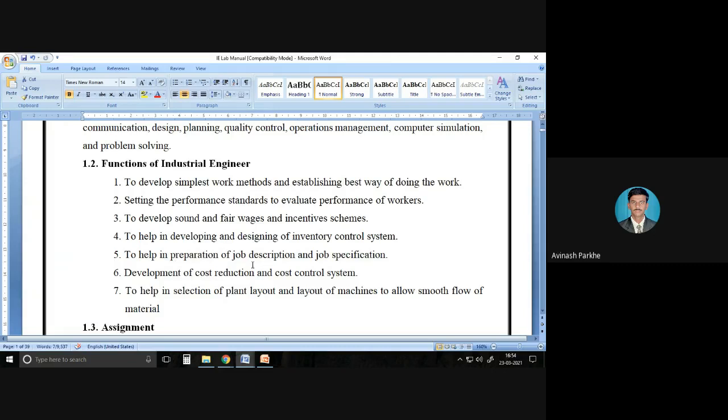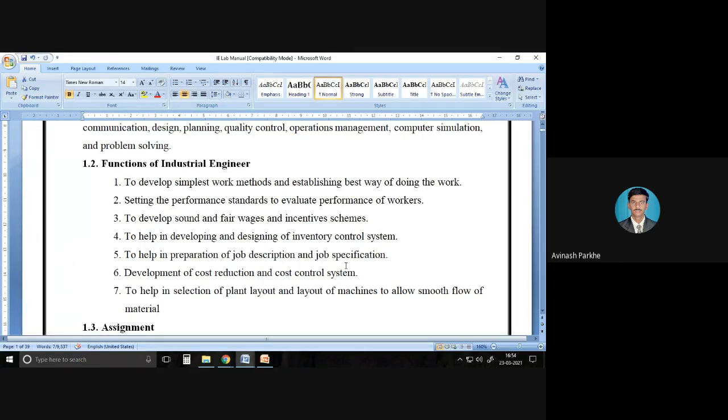It helps in the preparation of job description and specification. Whatever your final product or final job is, we have to give a description for that particular job. What is the output of that job, where is it applicable, what is the performance of that job, whether it is working in a good manner or not.